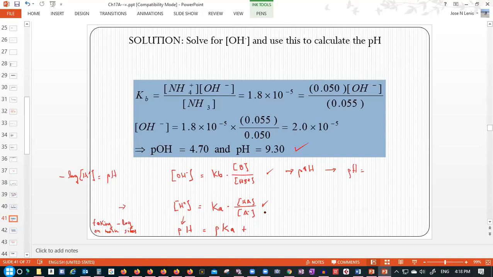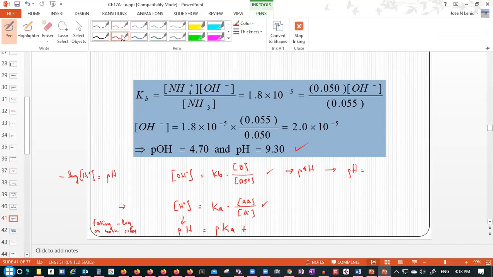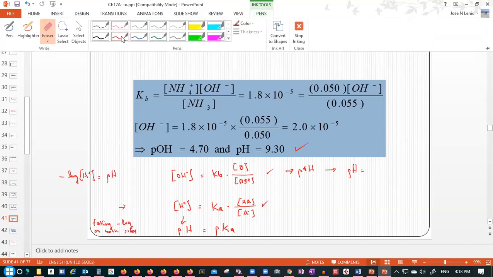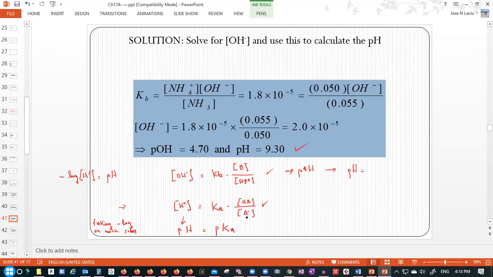So the negative log of the second term is going to be the negative log of the concentration of HA.